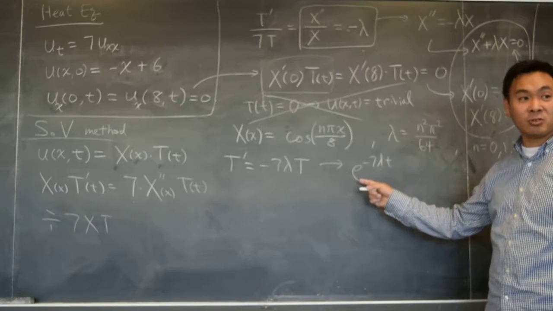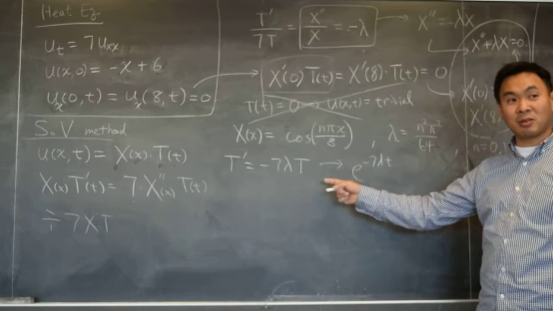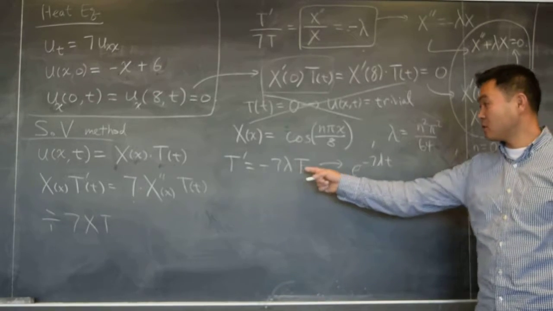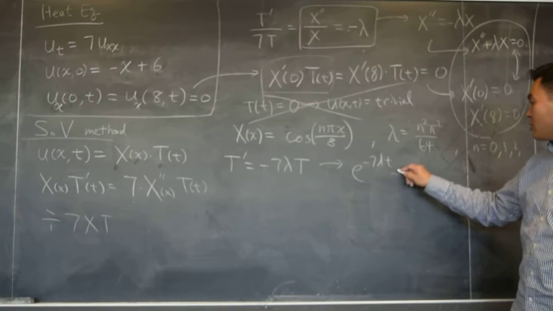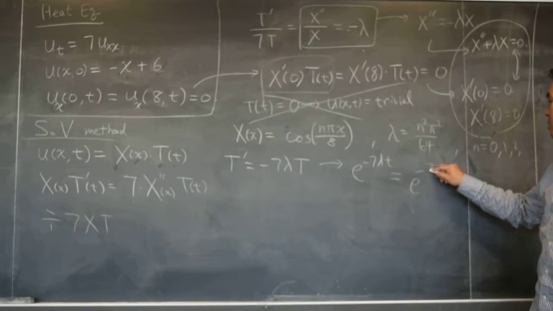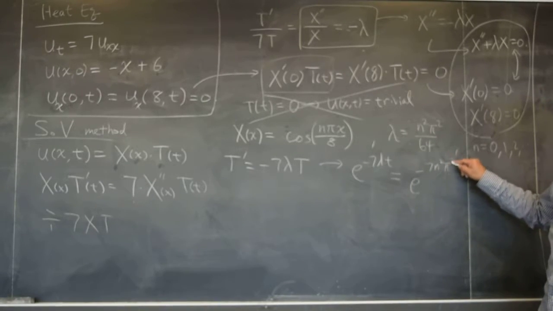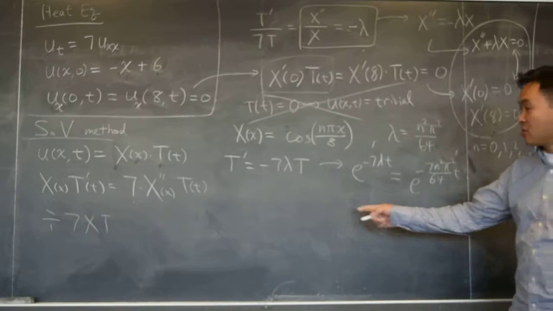If you have such a function, if you differentiate, you get negative 7 lambda in front, right? So exactly this one. And because lambda is this, we can rewrite this as e to the negative 7 n squared pi squared over 64 t. And that's one such function that satisfies this.